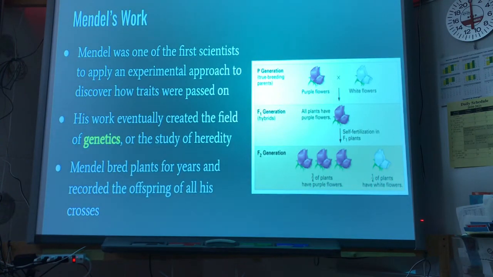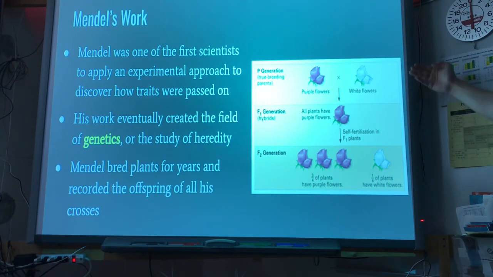And he went to great lengths to work through this. This is like the problem we did. If we take a purple and a white flower that he called true breeding, and he went to great lengths to make sure he had true breeding flowers, when he crossed a purple and a white flower, he got 100% purple plants.